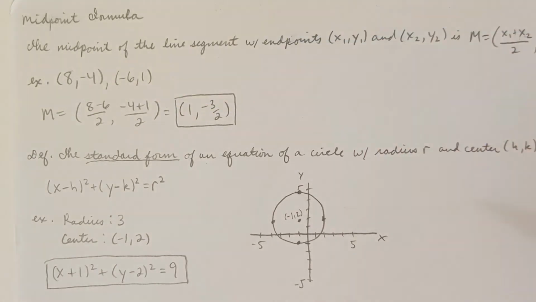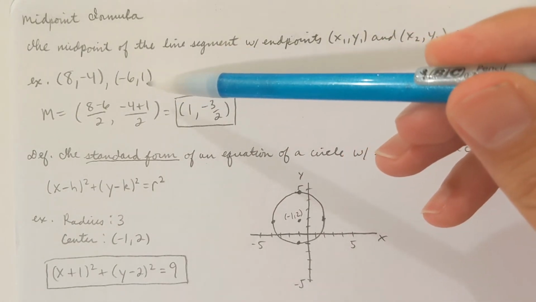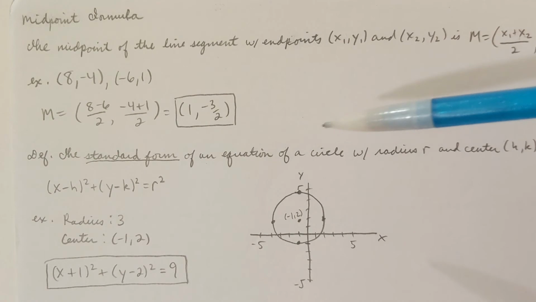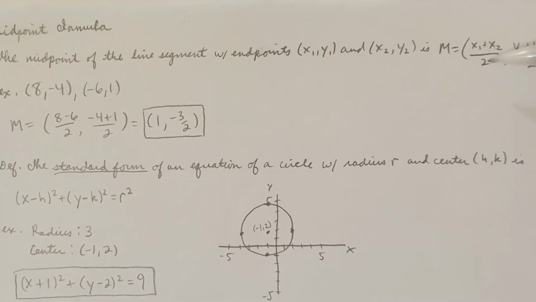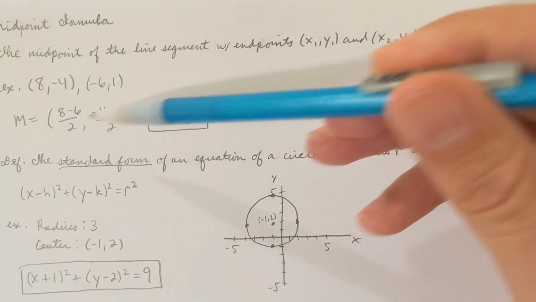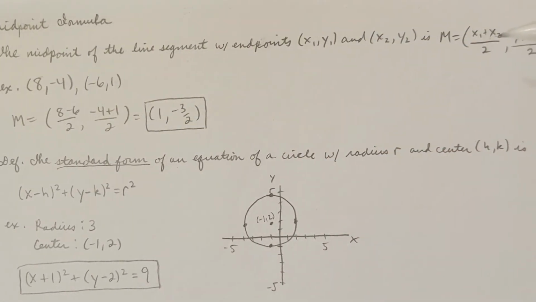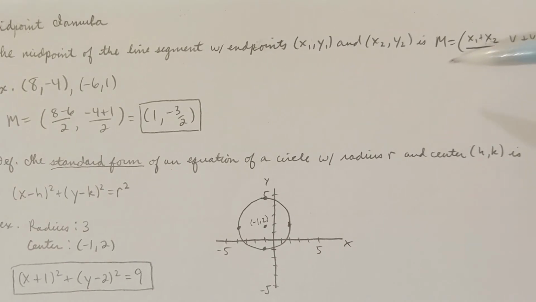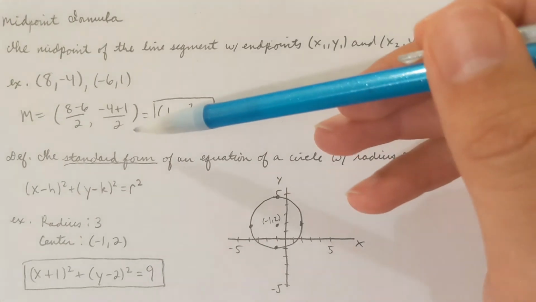So suppose that I wanted to know the midpoint between the point 8, negative 4, and negative 6, 1. Okay, well, M is equal to the sum of the x's divided by 2, and then the sum of the y's divided by 2.